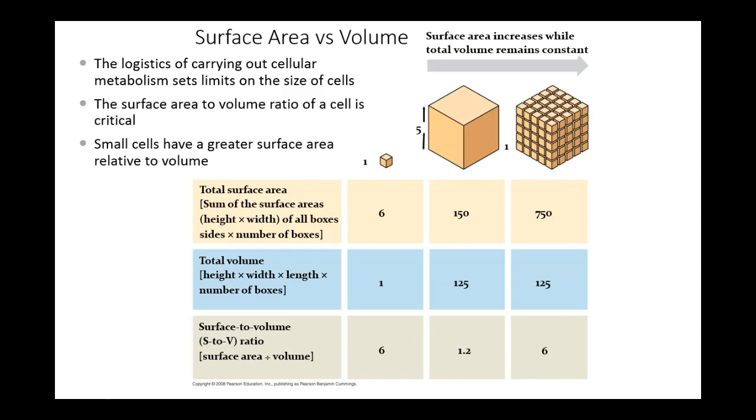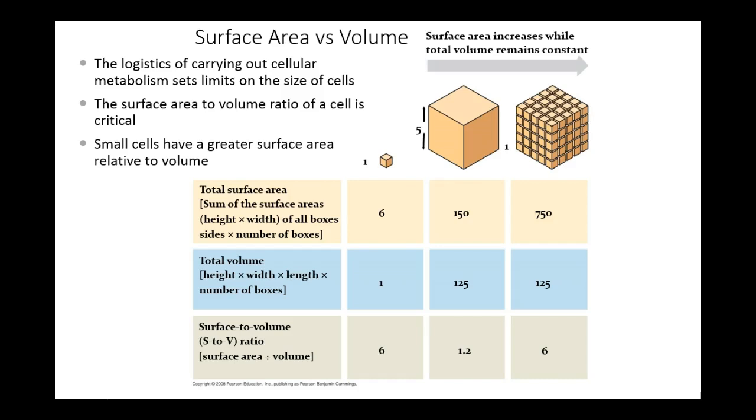And in the third one, you have multiple units of the 1 by 1 size, and what you have is a surface area that is much more than where you just have 1, but your total volume remains constant. As the surface area increases, total volume remains constant.